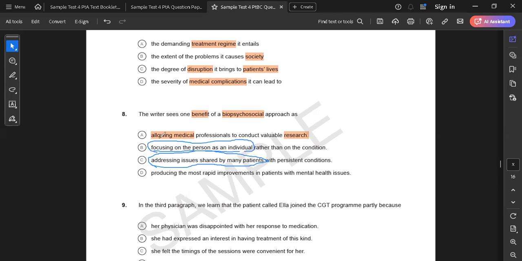So one is allowing medical professionals to do research. Second is focusing on a person as an individual. Next is addressing issues shared by many patients. And next is producing the most rapid improvement in patients with mental health issues.